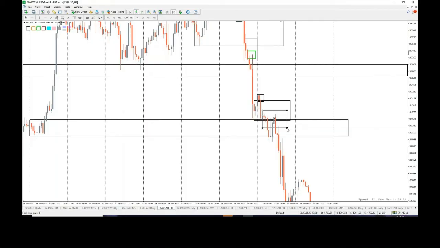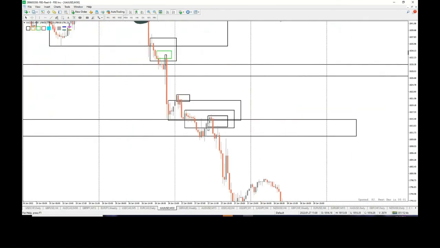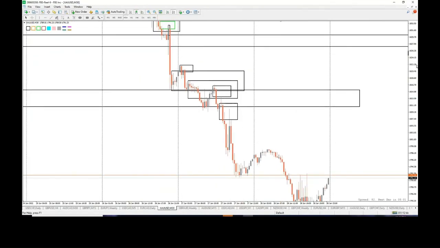So this is H1 zone. If you only use H1, you can have your entry right here. If you go to M30 or M15, it's the same actually, but you have more re-entry right here.